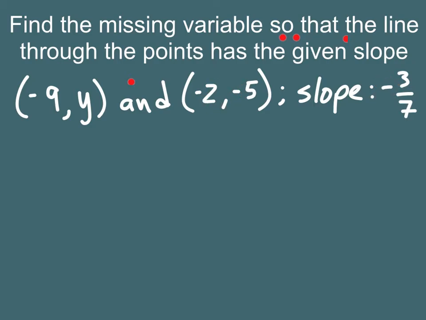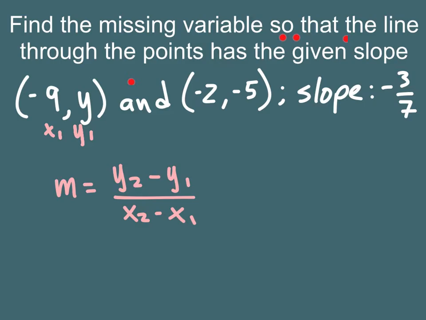So what I'm going to do is write m equals y sub 2 minus y sub 1 over x sub 2 minus x sub 1, and I'm going to substitute all these numbers into our formula. The first thing I'm going to do is call this x1, y1, x2, y2, and this is my m value.